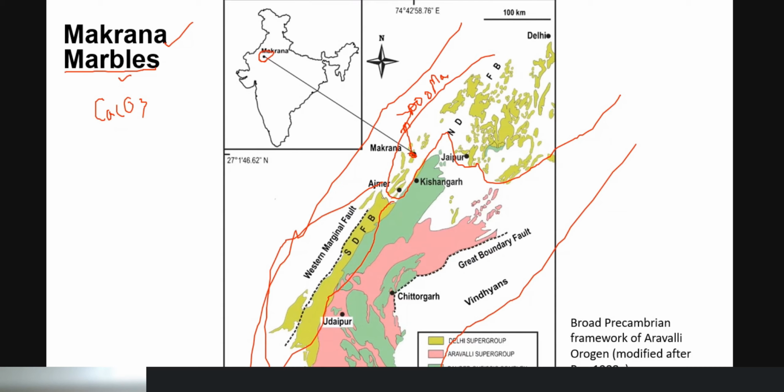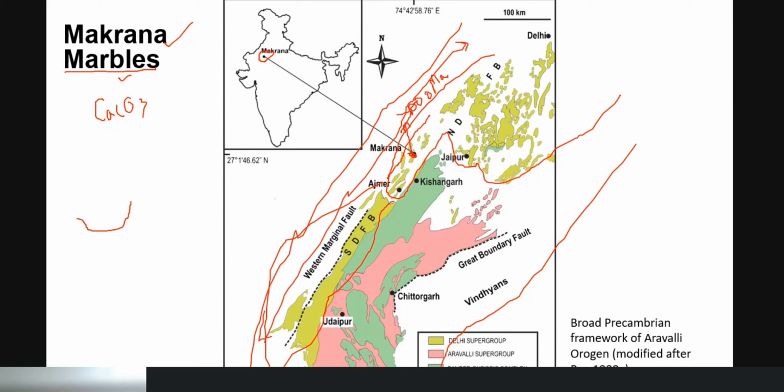How has this been formed? Suppose this is a basin. Presently here you will get large and peaked hills like in the Aravalli Delhi mobile belt. This is an 800-kilometer long mobile belt of mountain chains.